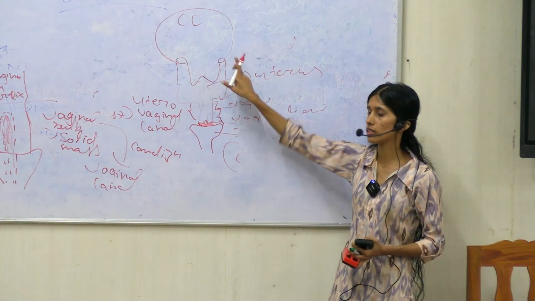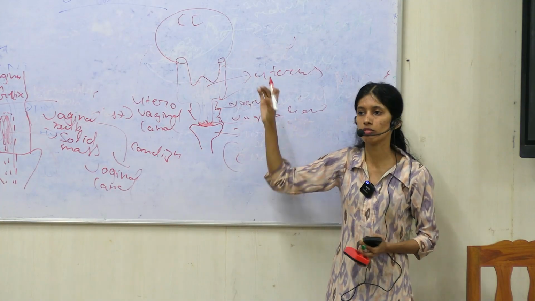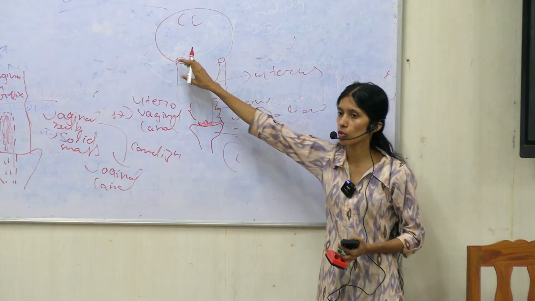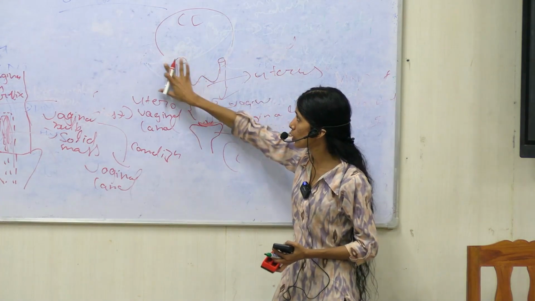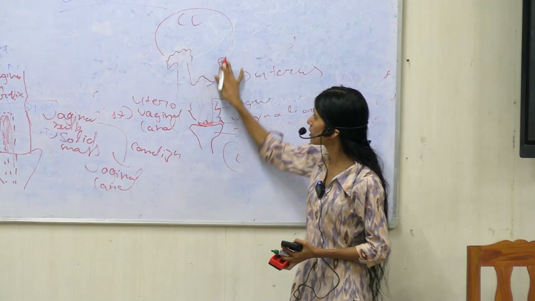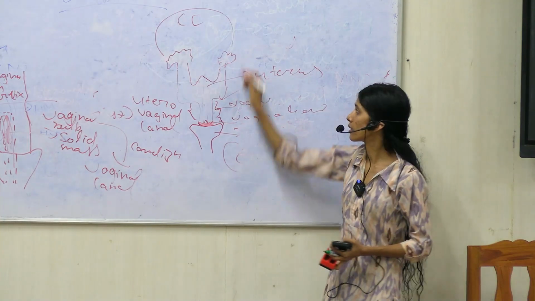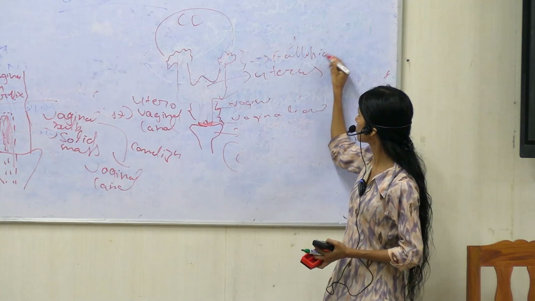Okay, and this intermediate portion will give rise to uterus. Okay, and the cranial parts what you are seeing here will lose contact from the coelomic epithelium and it will form fimbriated structures like this. Okay, and this will later convert into fallopian tube.